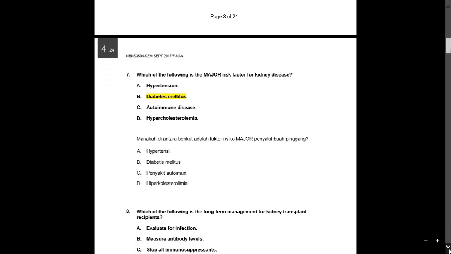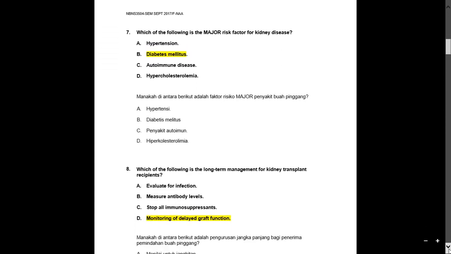Then question number 7. Which of the following is the major risk factor for kidney disease? So all the given answers are risk factors for kidney disease, but it asks about the major risk factor. Answer A is hypertension. Answer B, diabetes mellitus. Answer C, autoimmune disease.